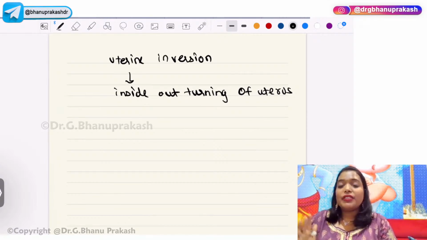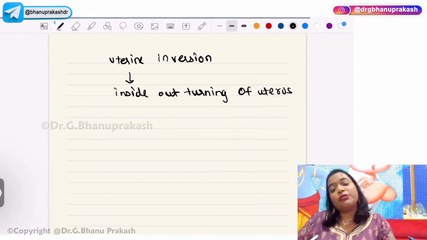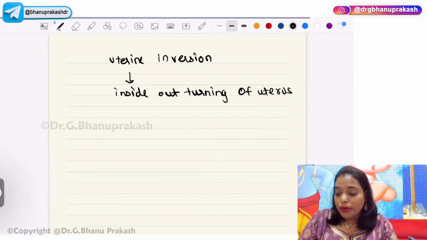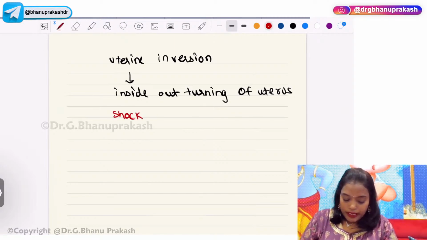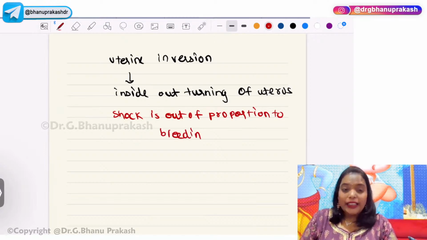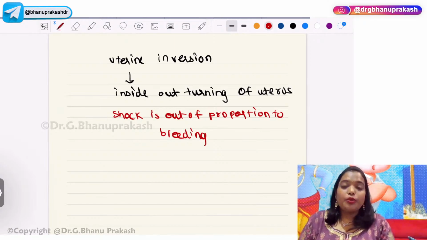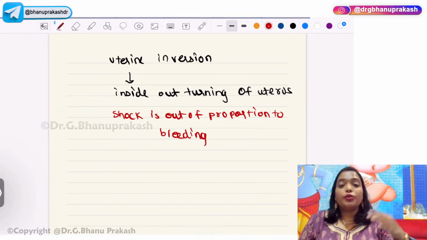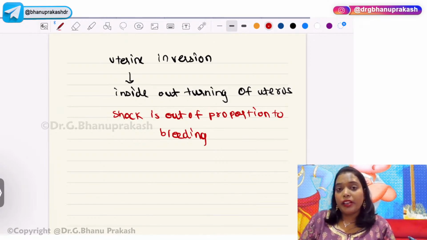The sentence which they might ask you, this has been asked in the FMGE exam actually: shock will be out of proportion to the bleeding. There is both neurogenic shock and hemorrhagic shock. This is mainly due to mismanaged third stage.